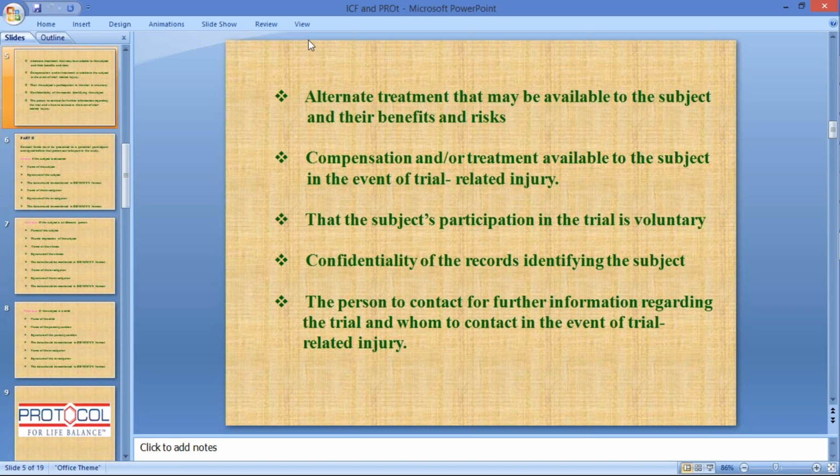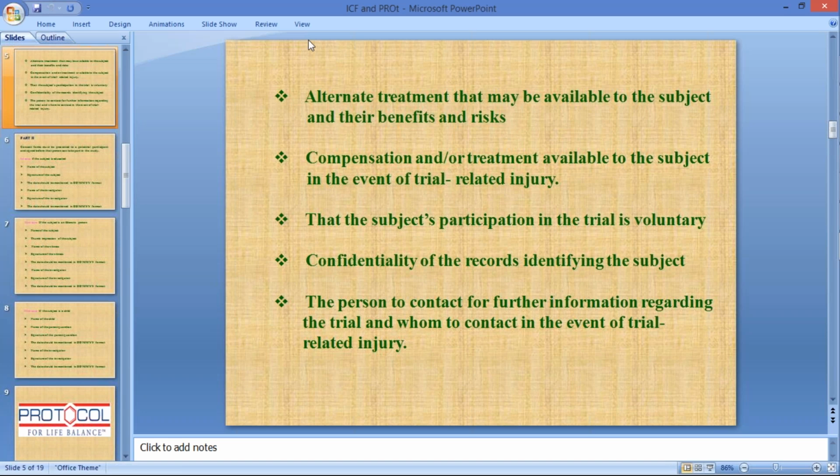And a statement that the subject's participation is completely voluntary. We will include one statement that the subject participation is voluntary, and we include even the statement about confidentiality of the records.